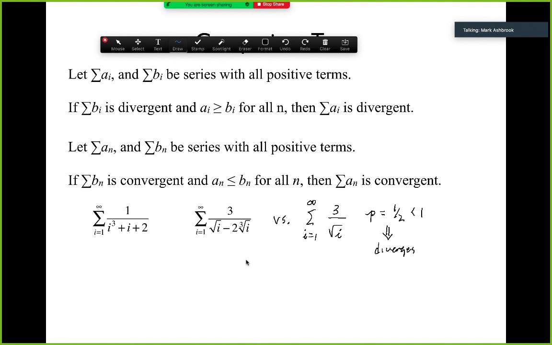And so how do these terms compare? This is the one we're analyzing. How do the terms of this series compare with this one? We're going to make the denominator smaller.